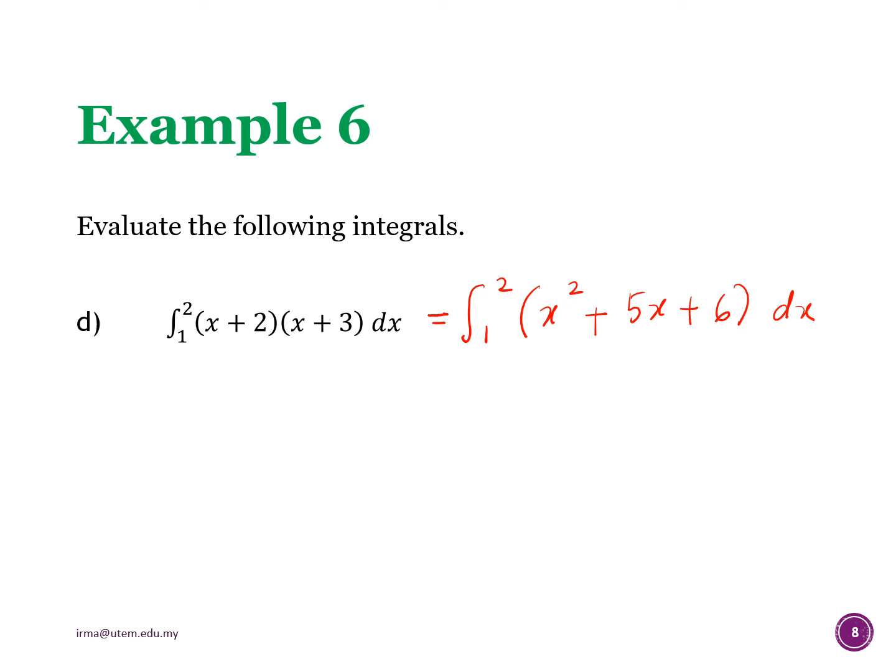Now we have the function. No need to modify the function, we just integrate it. So we have x cubed over 3 plus 5x squared over 2 plus 6x, and the limit is from 1 to 2.